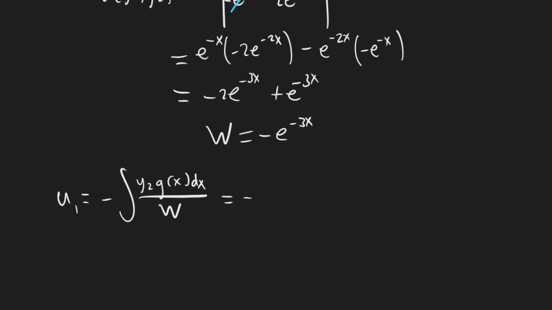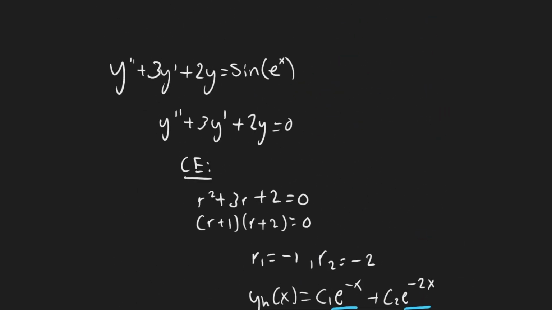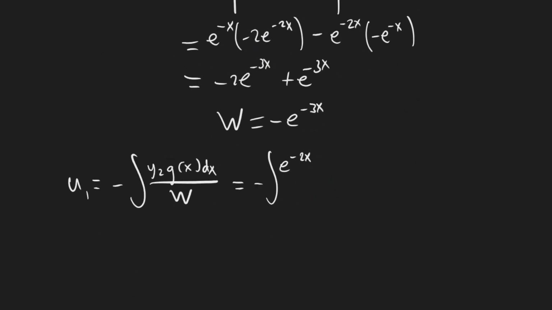So this is the negative integral of e to the -2x. What do we say g of x was? Well, g of x is the right-hand side of the original ODE, which is going to be sine of e to the x. So this is sine of e to the x, like that. This is a dx, and then we get to divide by that Wronskian, which we said was -e to the -3x. So now all we have to do is evaluate this integral.